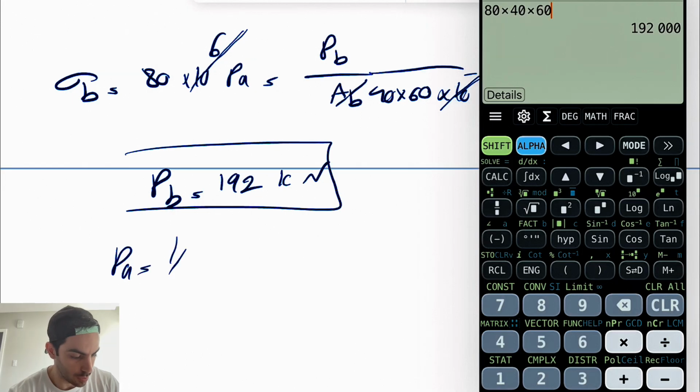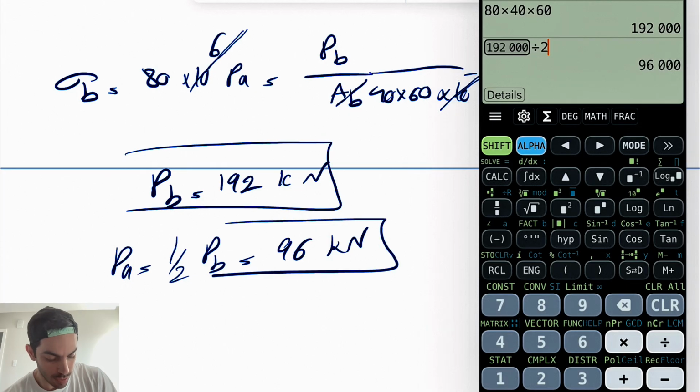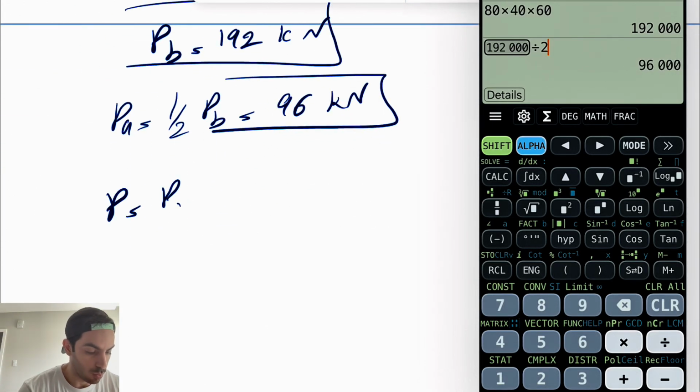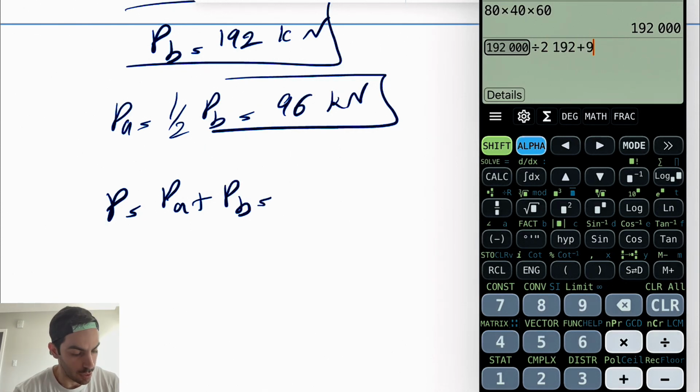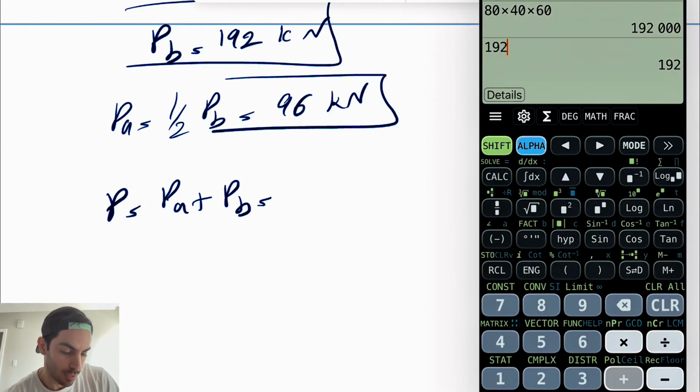So if we divide this by 2, this is going to give us 96 kilonewton for the force in aluminum, and the overall load was PA plus PB, or 192 plus 96, which is going to be 288 kilonewton, and this would be the answer for the B part of the question.